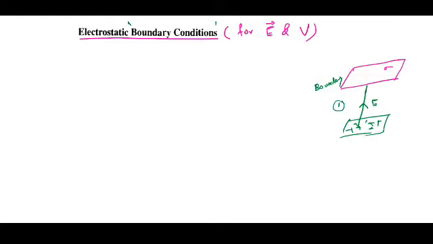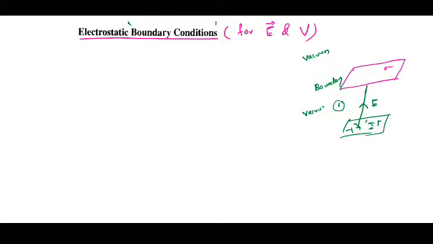Or if this medium is a vacuum and the second medium may also be a vacuum, that is also possible. In this session we consider that on the passage of the electric field there is a boundary. That boundary is a charged sheet.